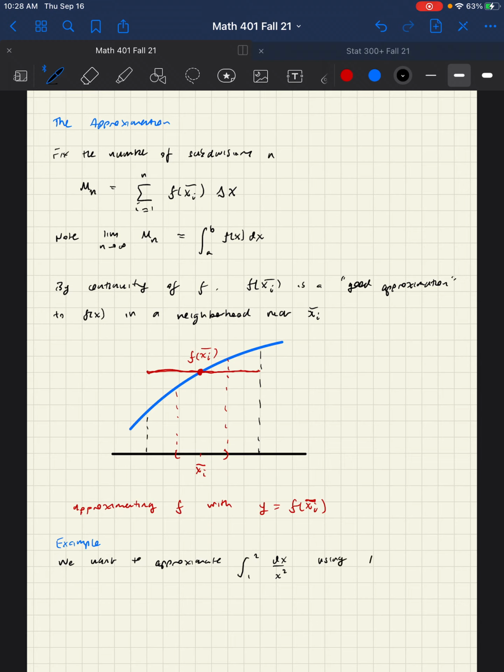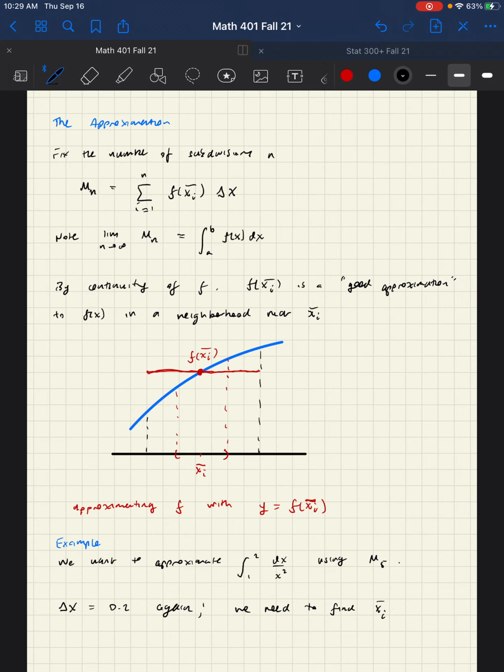Remember that that is 0.5 exactly. And we'll use m sub 5, so the midpoint rule with 5 subintervals. Then, again, our delta x is 0.2.